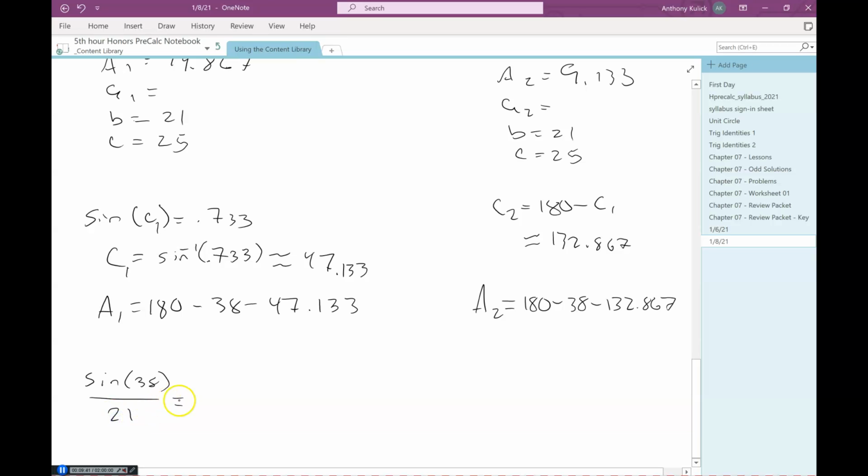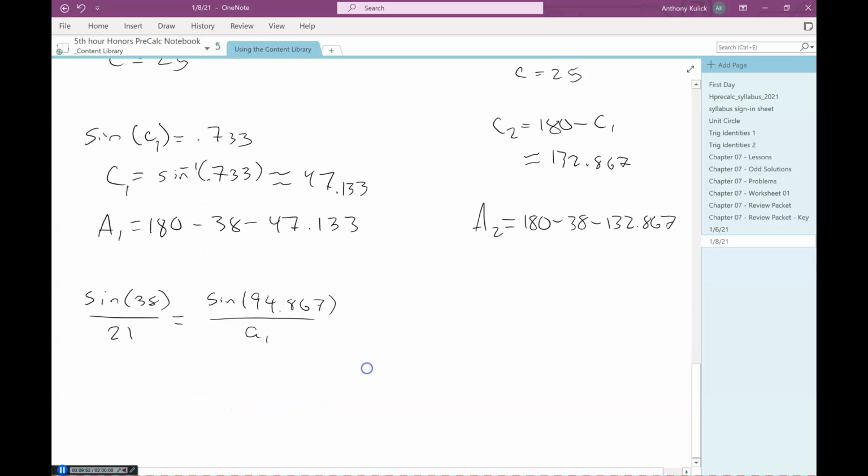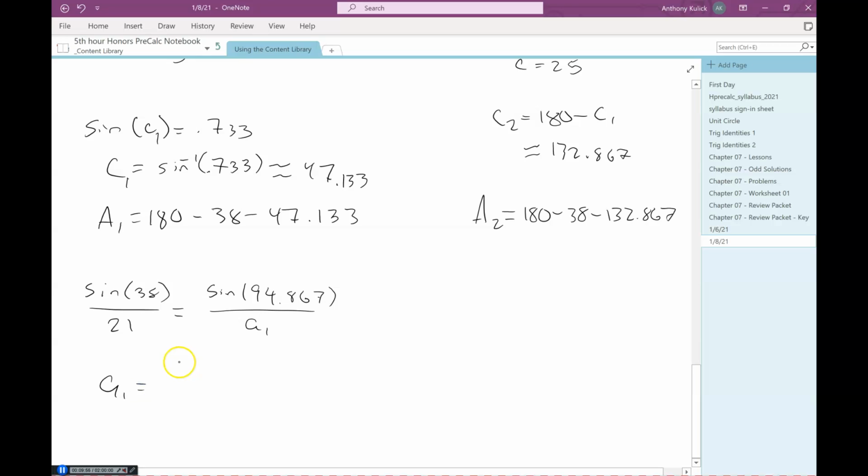So I'm going to use the given information with my new angle A. So when I cross multiply and divide, that's about 33.987.